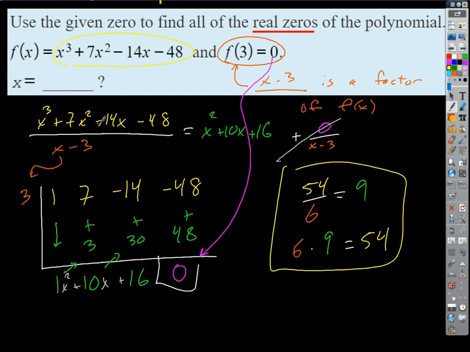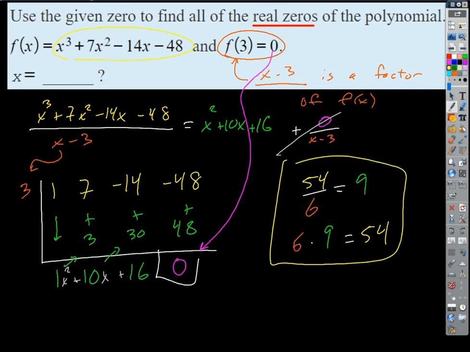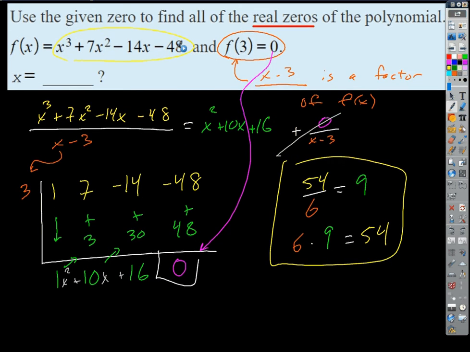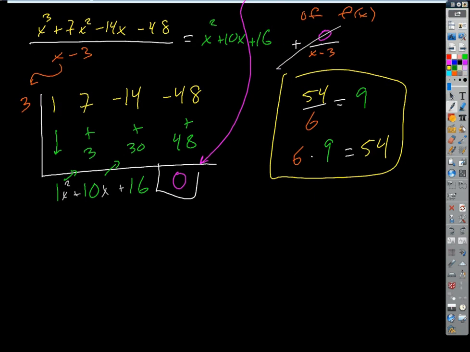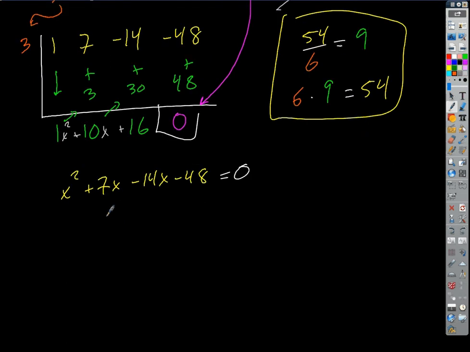Okay, and so then what are we doing with all this stuff? Well, all we're going to say is if we're trying to find all of the zeros of this function, we're just starting off with the original polynomial equaling 0, but we're going to break that up into factors. That's what this whole thing was, right? The factors, it's going to break up into x minus 3 times x squared plus 10x plus 16, and that product has to equal 0, right?